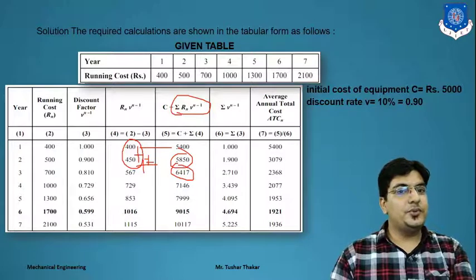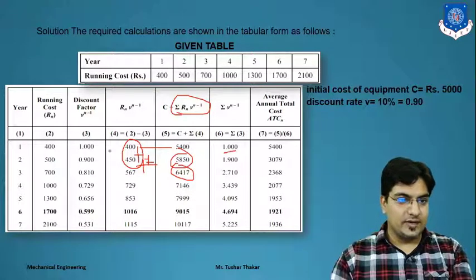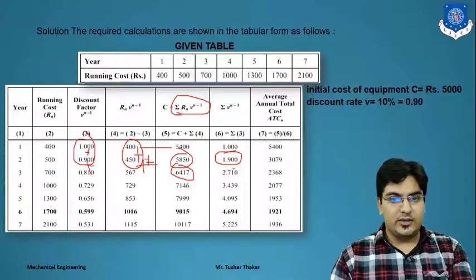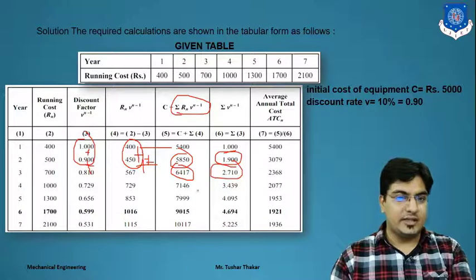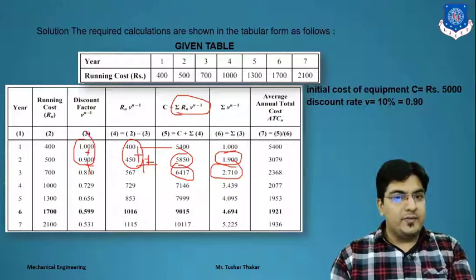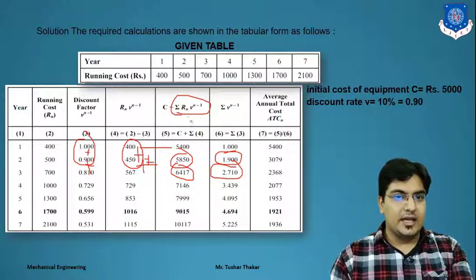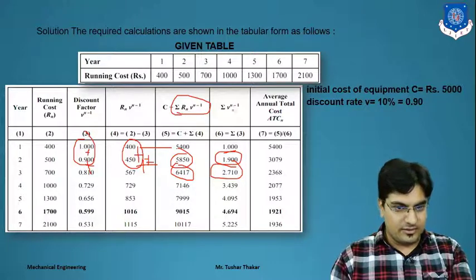Now we have to accumulate the discount factor. Here the discount factor is 1. Now 1 plus 0.90 gives 1.900, plus the next value gives 2.710. Why do we have to find this? Because we have to find the average annual cost, and the average annual cost is column number 5 divided by column number 6.